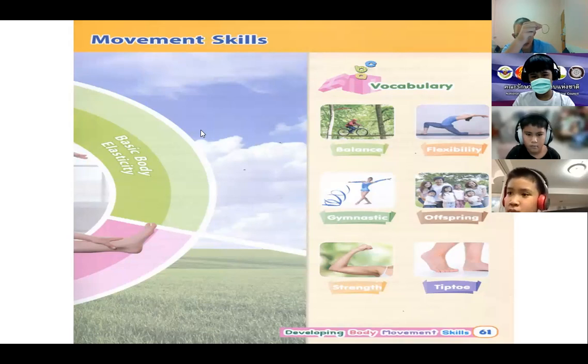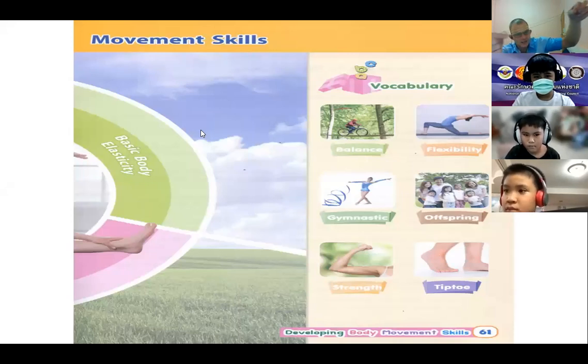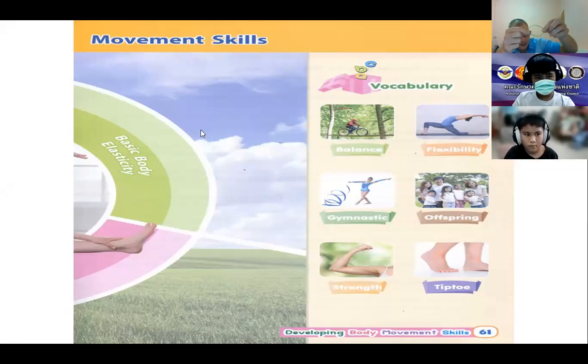So we have this band, I can stretch it, but when I leave it, it will come back to its same size. So that's its elasticity. It can be stretched and come back to the same size. So we can do that with our body while we are stretching and doing certain things to see how far we can stretch without getting hurt.